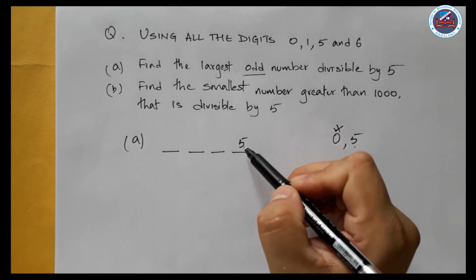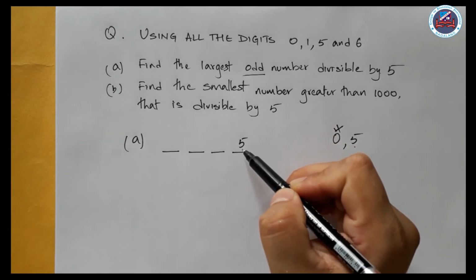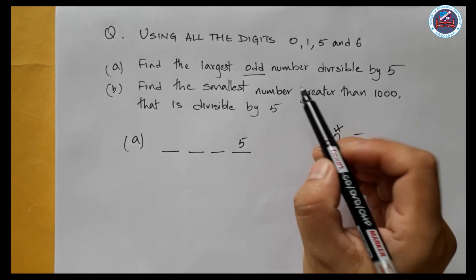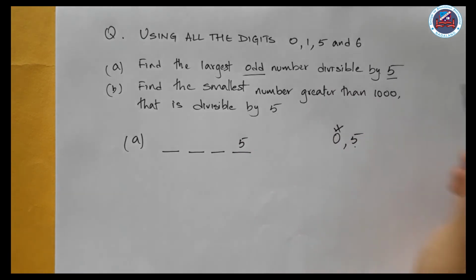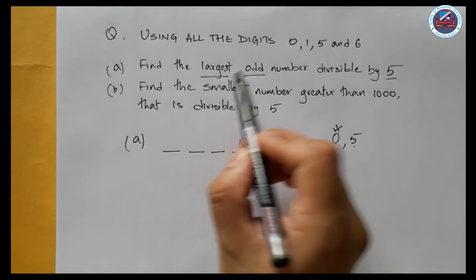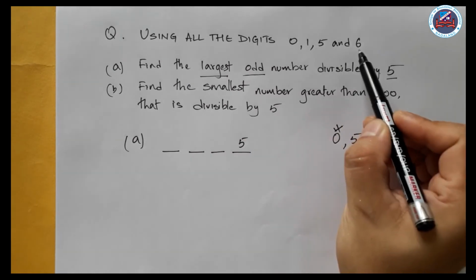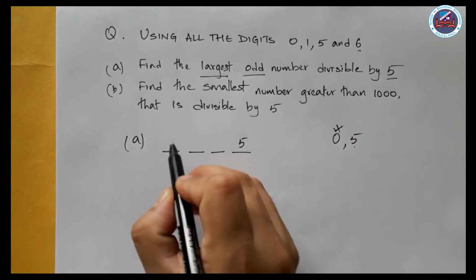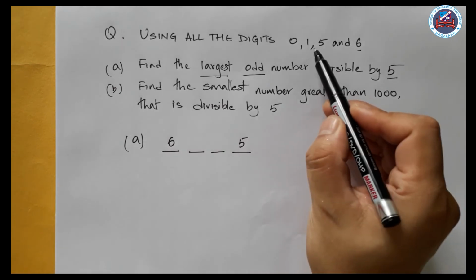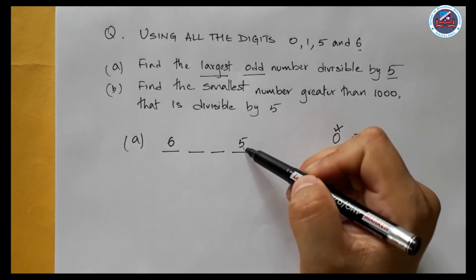So the last number of this particular number will be 5, because 1 and 6, if I write in the last number, I will not get a number which is divisible by 5. When we write the largest number, we always write the biggest number first. Now here that is 6. Now after that is 1, because 5 I have already written.